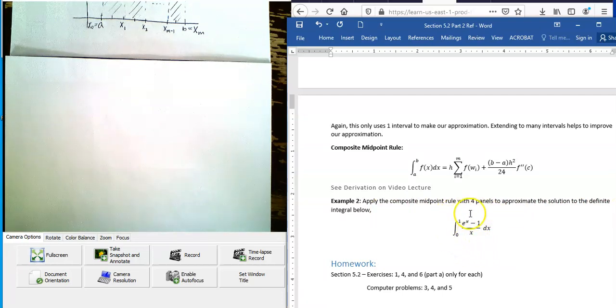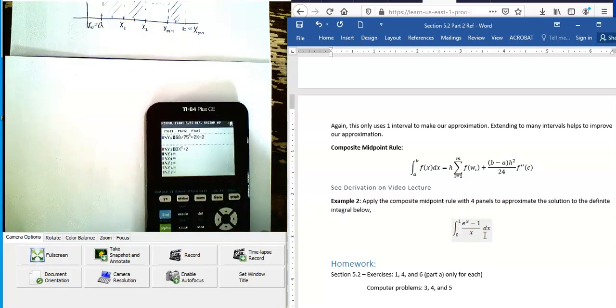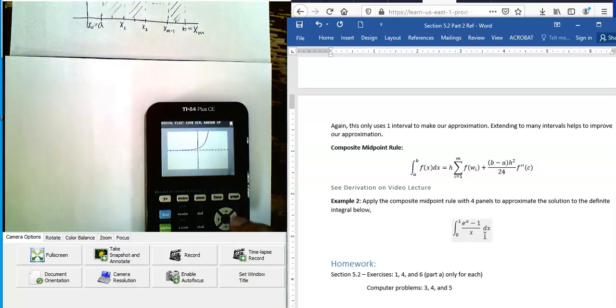Okay. So if we take a look at the graph of this in our calculator, let's look at e to the x minus 1 over x.